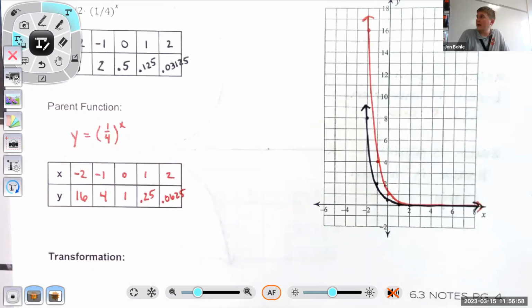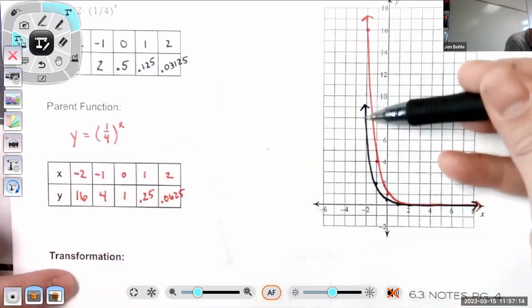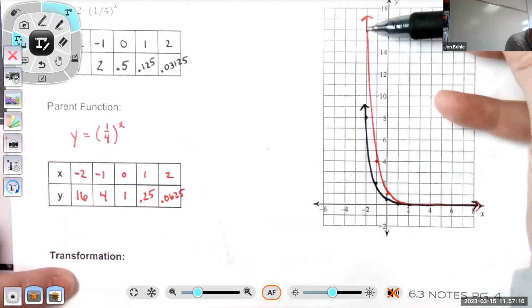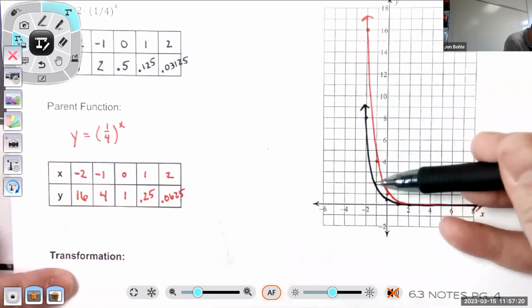What might be a good word for that? It says stretch. Shrink. This is a vertical shrink. So if you look at all of these ones, all the points are shrinking towards the x-axis vertically, right? So you take them all and they shrink.